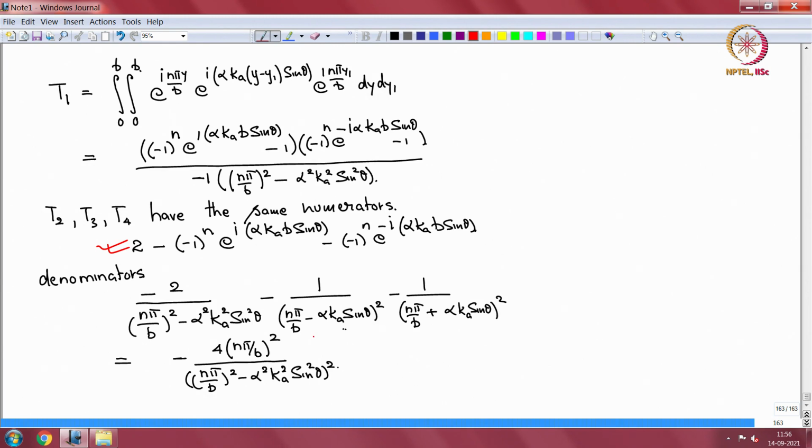We get twice minus 1 to the power n e to the power I alpha k a b sine theta minus 1 to the power n e to the power minus I alpha k a b sine theta.